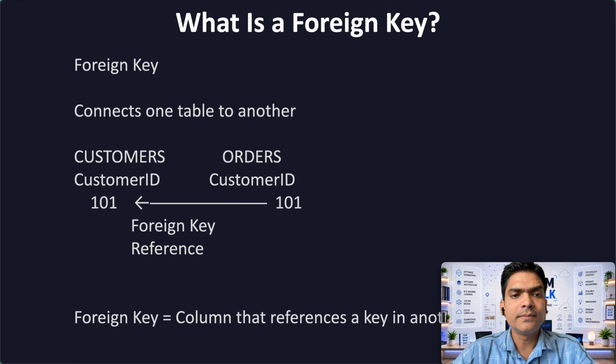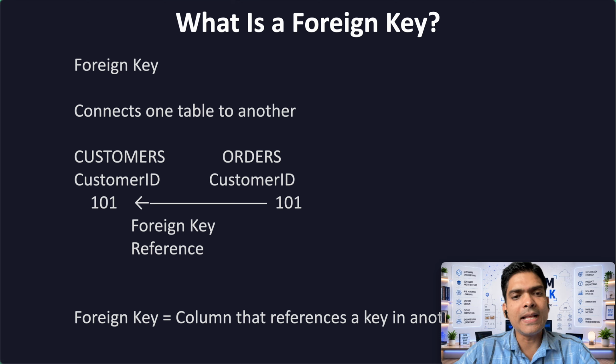This brings us to the foreign key. A foreign key is a column that references a key in another table. In our example, customer ID is the primary key in the customers table.